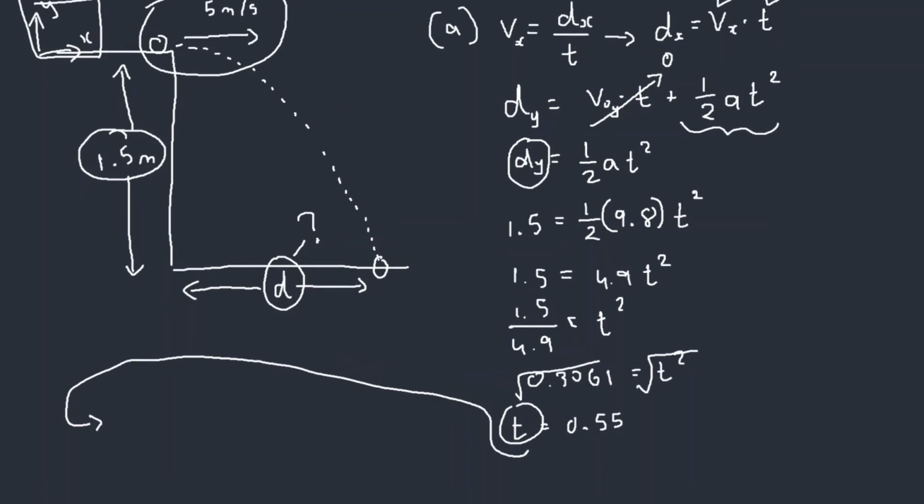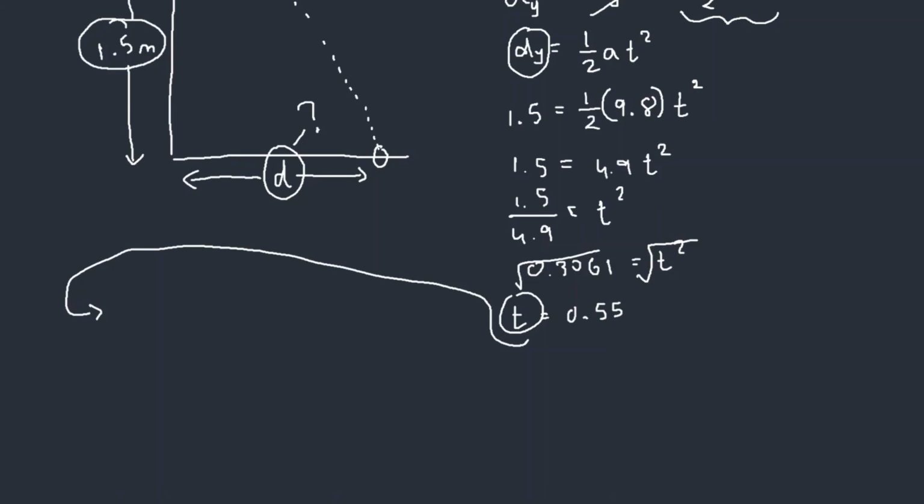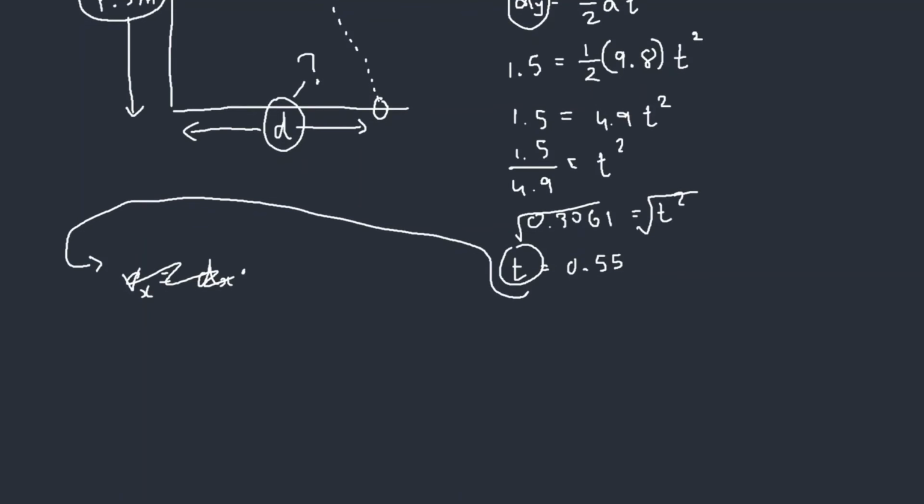And our equation, just to refresh our memory, was that Vx equals dx over t, sorry. Our equation was, just to rearrange that, the same equation, dx equals Vx times t. And so now we have everything we need.